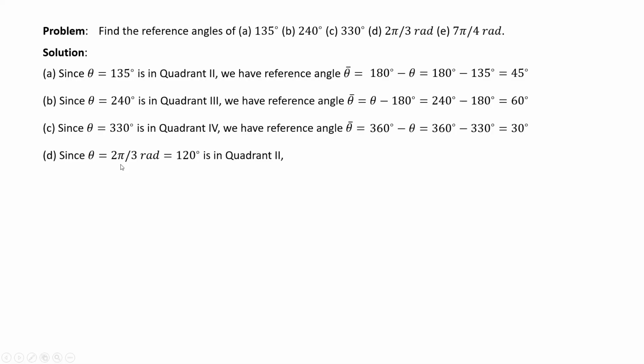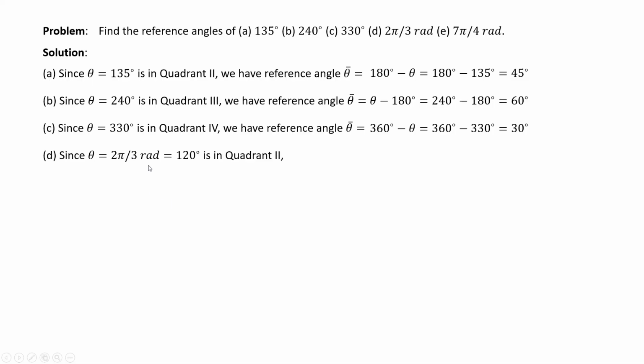I hate that. Instead, just convert to degrees. How come 2 pi thirds radian is 120 degrees? This is how I do it. Pi thirds is 60 degrees. How do I know that? Multiply pi thirds by 180 over pi.